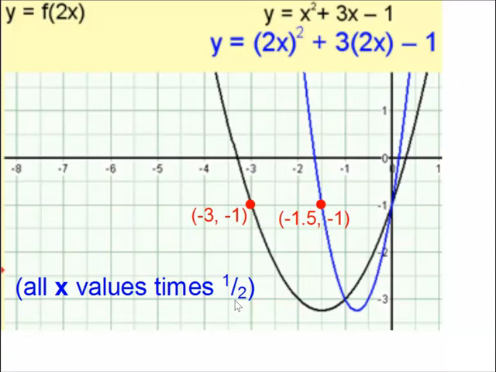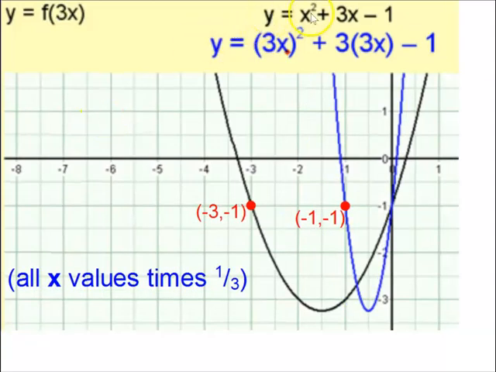But if it's inside the brackets, the x value gets multiplied by the reciprocal. So instead of multiplying by 2, we multiply by a half, so 1 over 2. And notice that the points were minus 3, minus 1, and the new point is minus 1.5, minus 1. So minus 3 times a half is minus 1.5. Notice that the y values don't change.